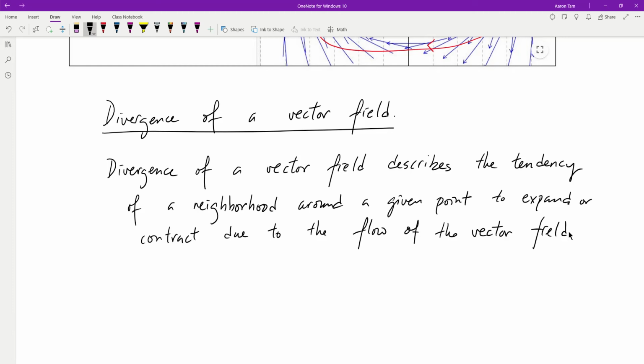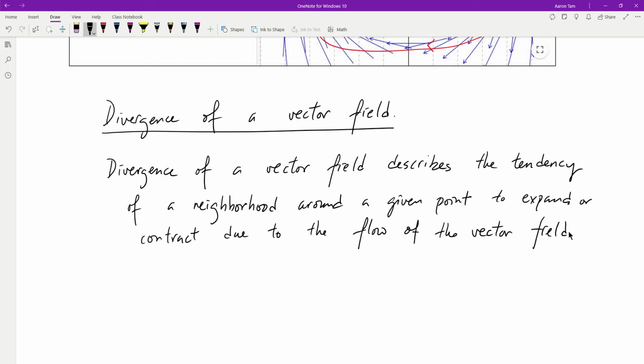Now, of course, it's extremely hard to actually see what a neighborhood is doing, but visually, we can identify this expansion or contraction by seeing how it affects flow lines next to each other, which is what divergence means.